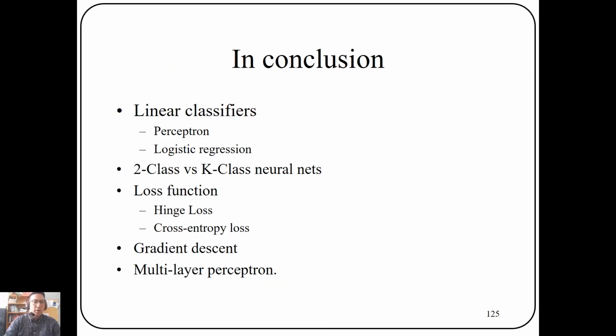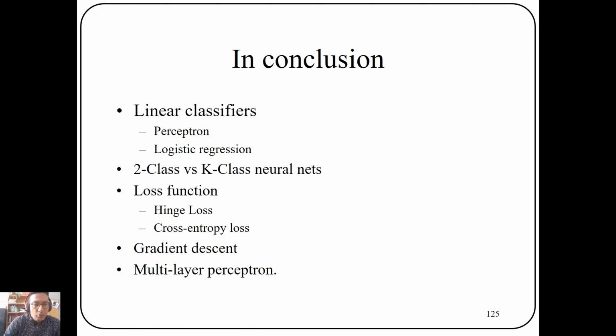So in conclusion, we have seen linear classifiers. We have seen that linear classifiers are simple linear operations, and these linear operations are dot products. And this dot product led to the very first definition of a neural network, which is the perceptron. If you replace the activation function of the perceptron with a sigmoid, you get a logistic regression, a linear logistic regression.